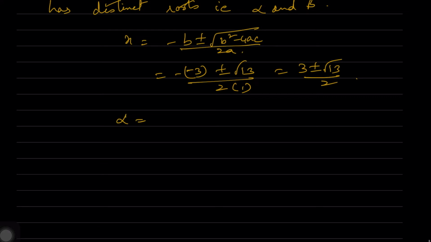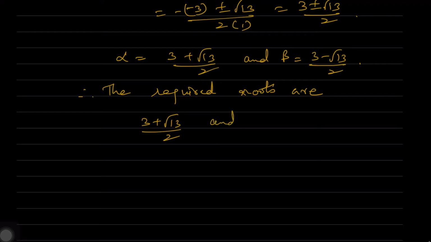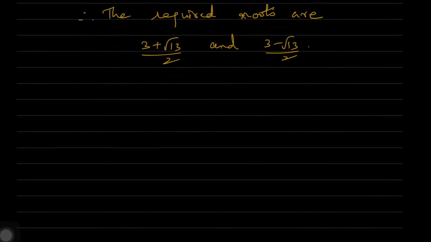Therefore alpha is equal to 3 plus root 13 by 2 and beta is equal to 3 minus root 13 by 2. Therefore the required roots are 3 plus root 13 by 2 and 3 minus root 13 by 2.